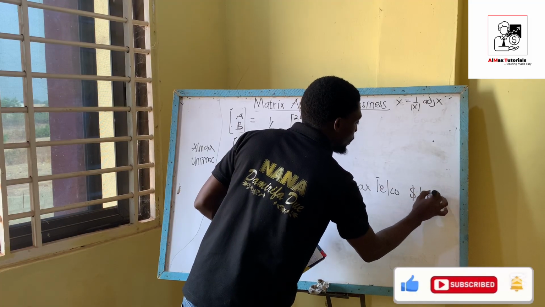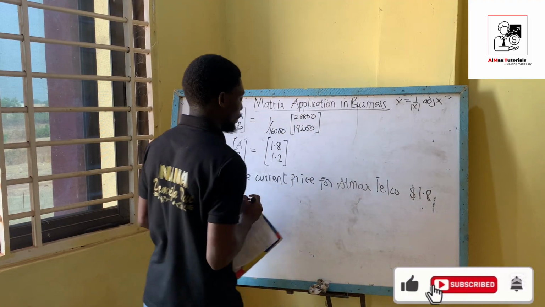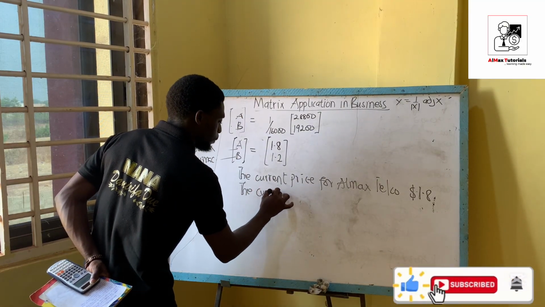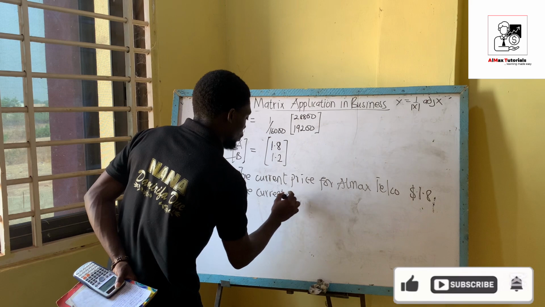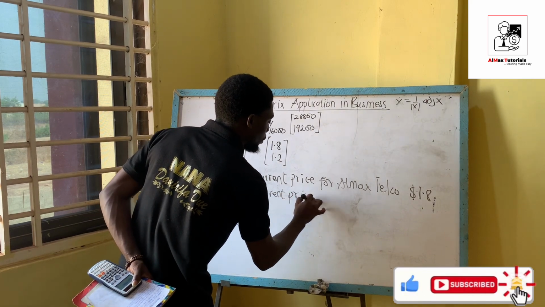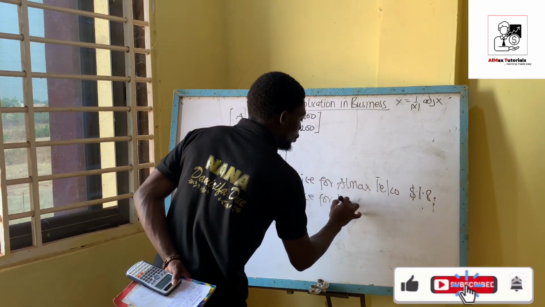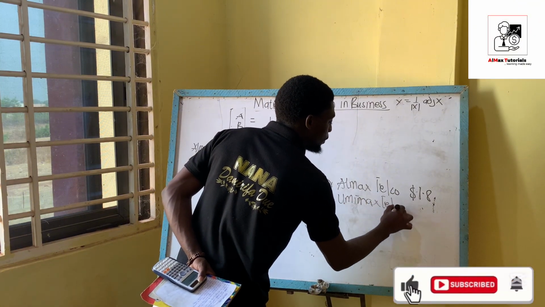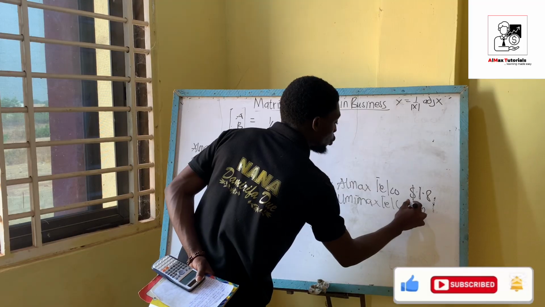Remember, we are dealing in dollars, not cedis. Then the current market price for Unimac telco is $1.2.